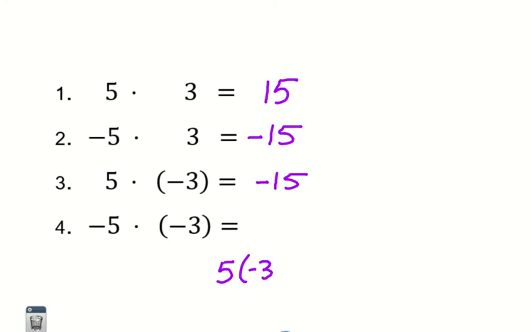So please be aware of all the different ways to denote that two numbers are being multiplied. The dot, just having two things next to each other, like, we're going to be getting into things like 2x, right? And you need to realize that this means 2 times x. Okay? Anyway. So negative 5 times negative 3, it's a negative times a negative. The signs match. And so the final answer is going to be positive 15 here.